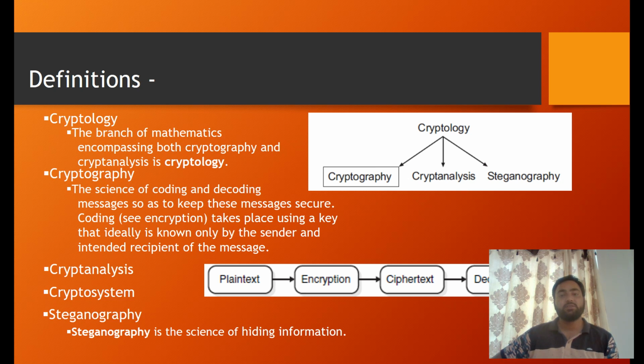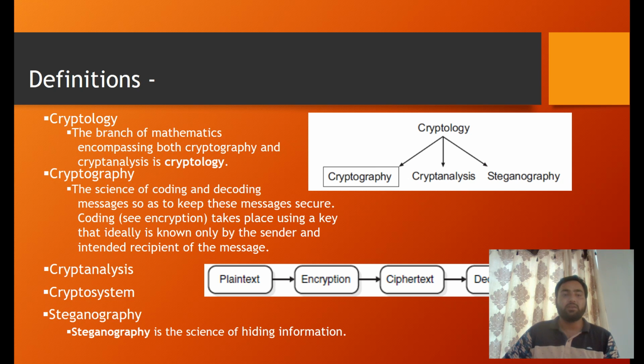Then comes cryptosystem. A cryptosystem is basically a complete system from the sender to the receiver and the process in between. That means from converting the original message into an ununderstandable format to the conversion of the ununderstandable message into the actual message at the receiver end, the complete process is the cryptosystem.